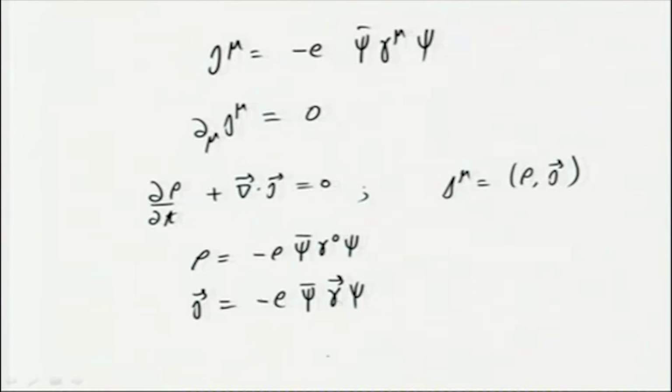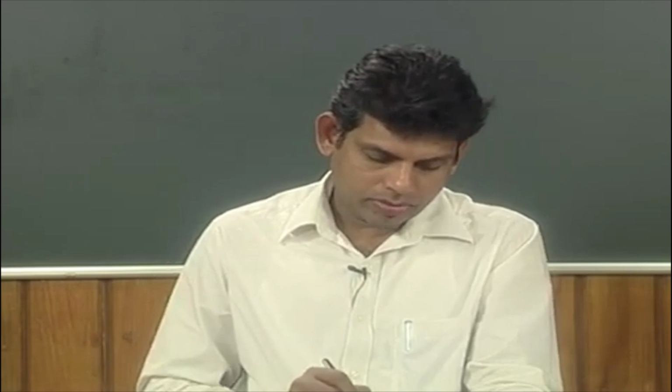We added this minus e, like in the case of the Klein-Gordon equation, to interpret it physically as the charge density rho, and the current density j. So, that is what we have here in the case of the Dirac equation. Let us now consider a plane wave solution for the wave function.